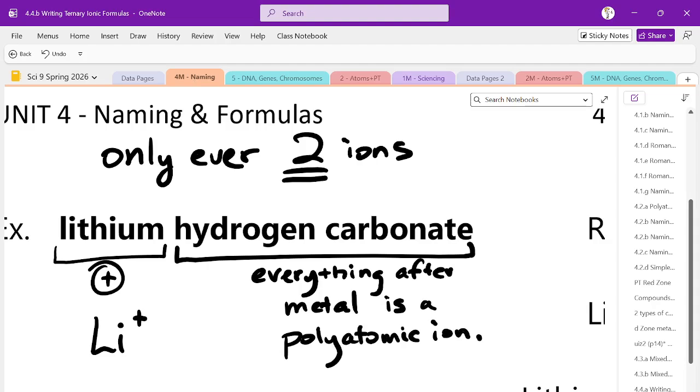And that means there's going to be one polyatomic ion. You're not going to look for hydrogen separate from carbonate. Go look on your green sheet and find hydrogen carbonate.